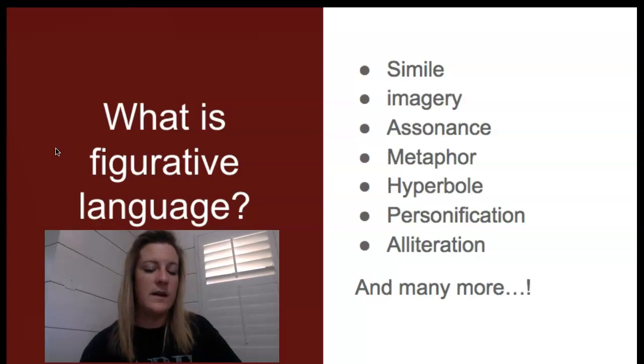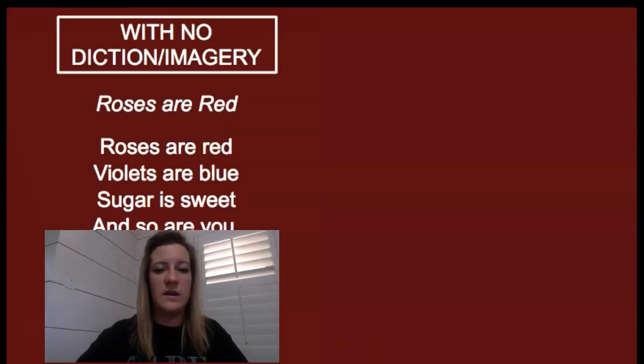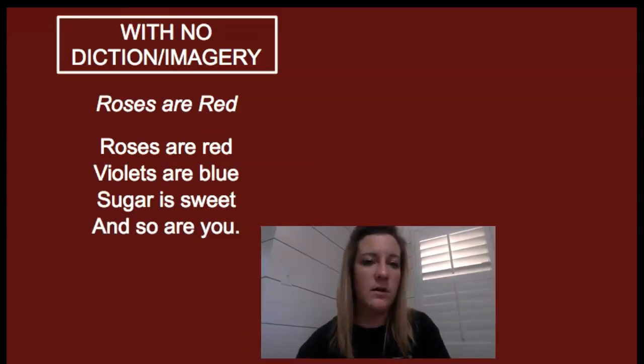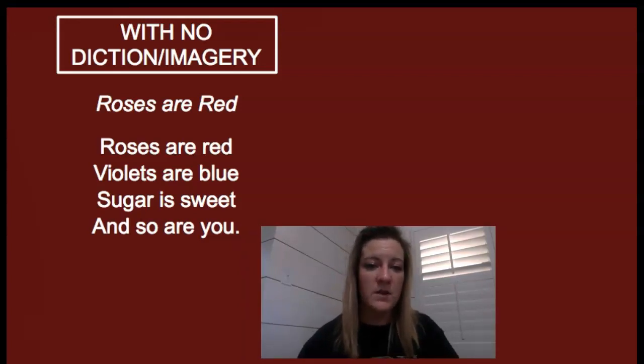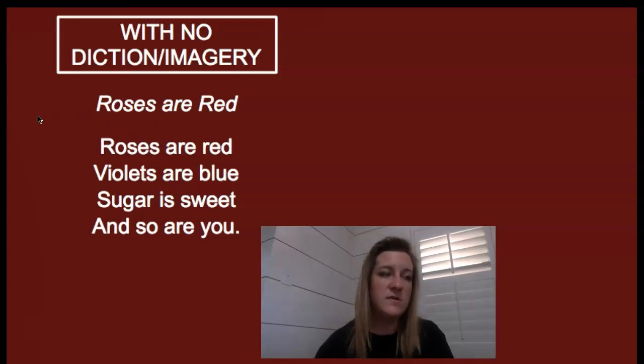So that's figurative language. Let's look at some poems and figure out how that pertains to this standard. Roses are red, violets are blue, sugar is sweet, and so are you. This poem does have some imagery. It's just not very strong. It doesn't necessarily paint you a picture. You know that roses are red.